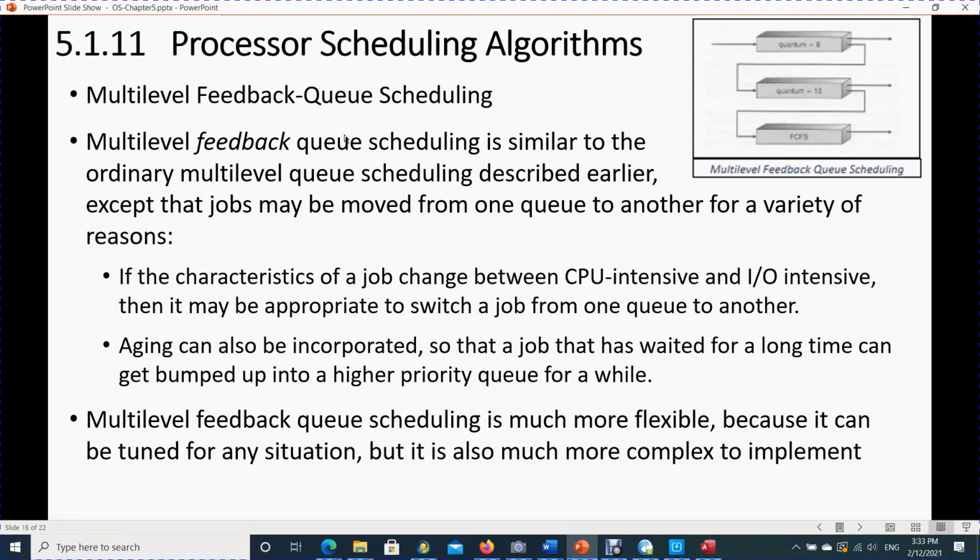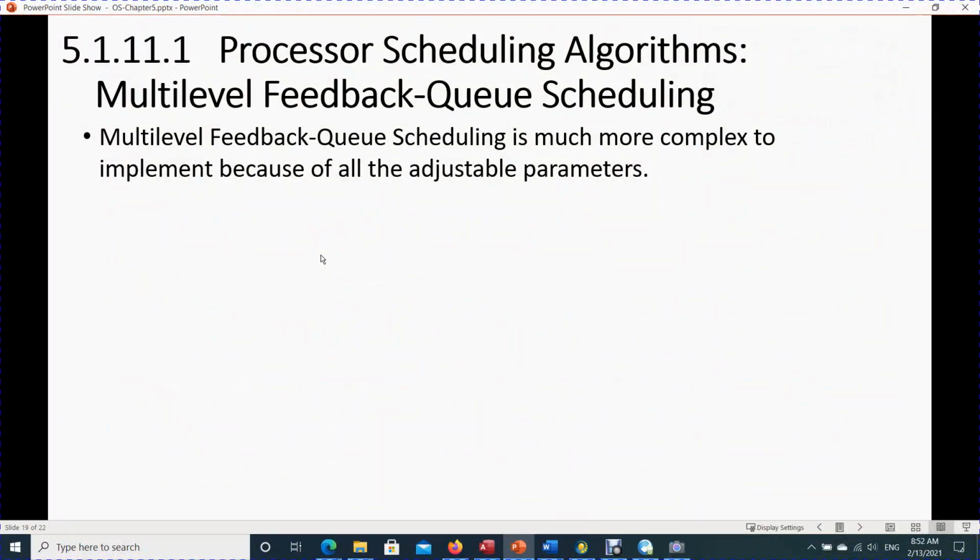Multi-level feedback queue is much more flexible because you can tune it to work for different situations, but it's also much more complex to implement and so more time intensive. It is more complex because it has a number of parameters that will have to be adjusted.